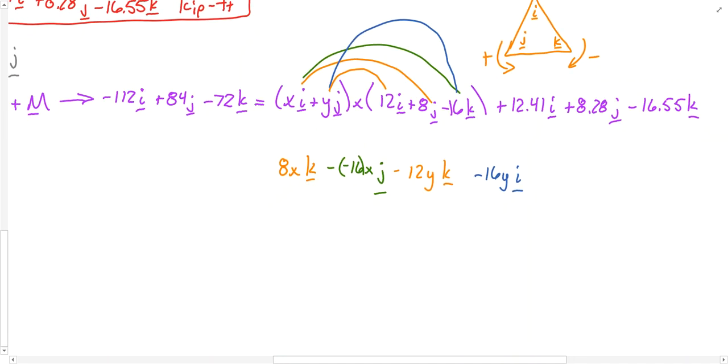All right, so again, I've selected colors here. I've used orange for k, and blue for i, and green for j. So now I'm going to recopy the rest of my equation down. So let's pull down the i stuff. So I have a minus 112 here, and then over here I have a plus 12.41. And then in the j direction we have the green.